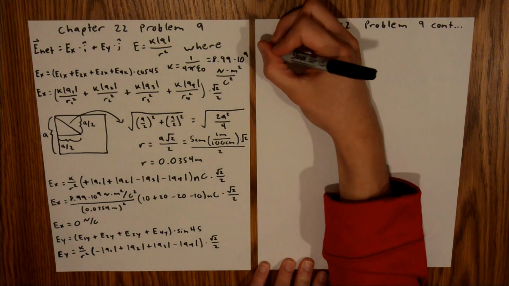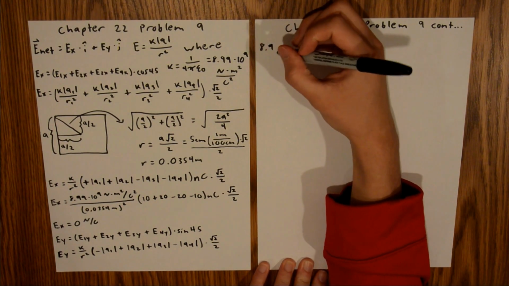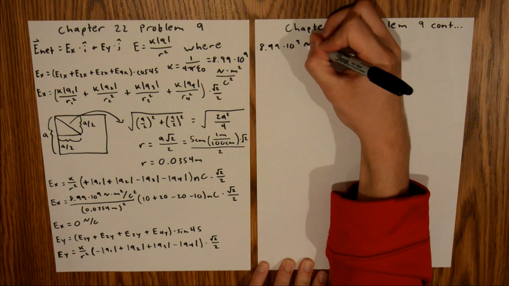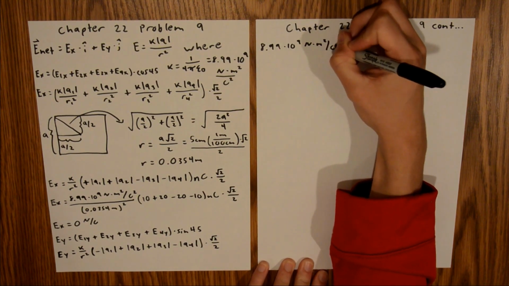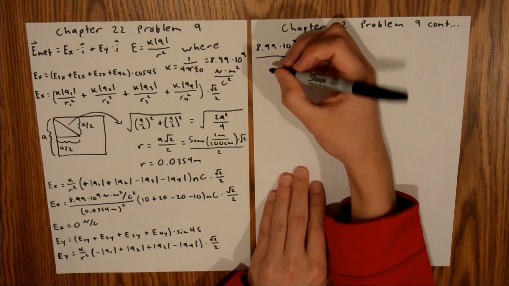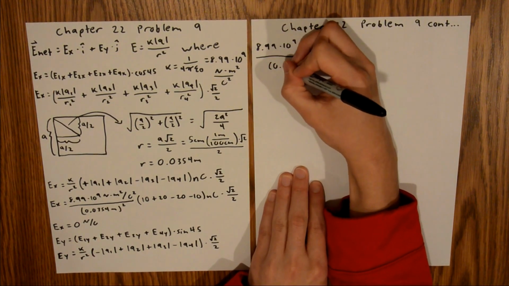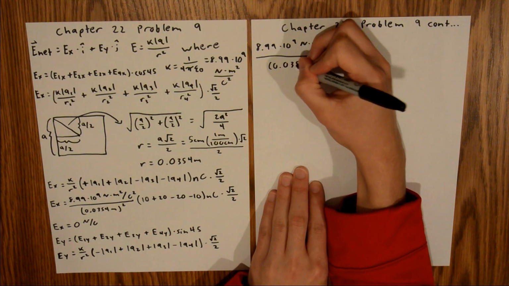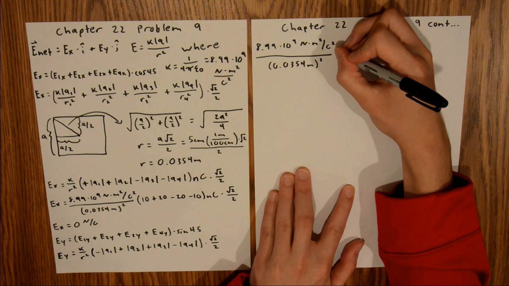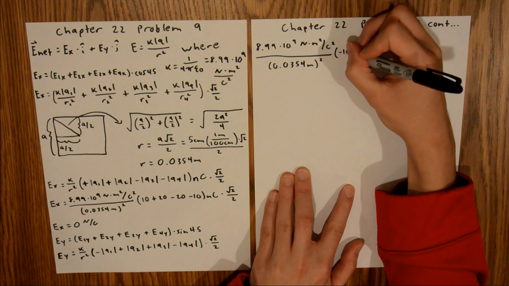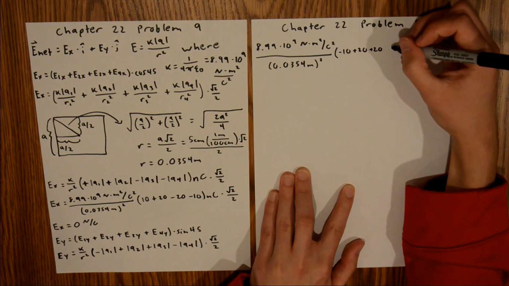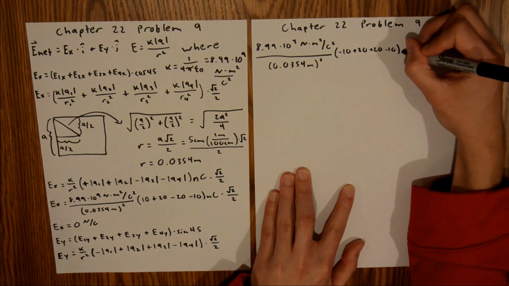We have 8.99 times 10 to the 9th newtons times meters squared per coulomb squared divided by 0.0354 meters squared, and then times -10 plus 20 plus 20 minus 10 nanocoulombs.